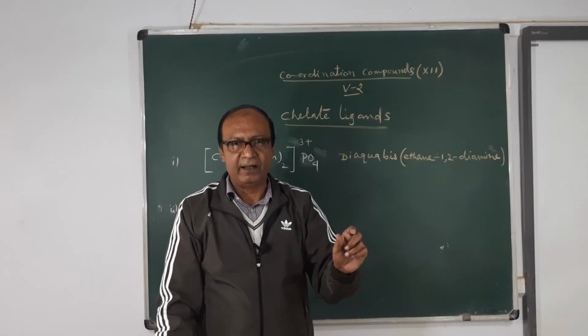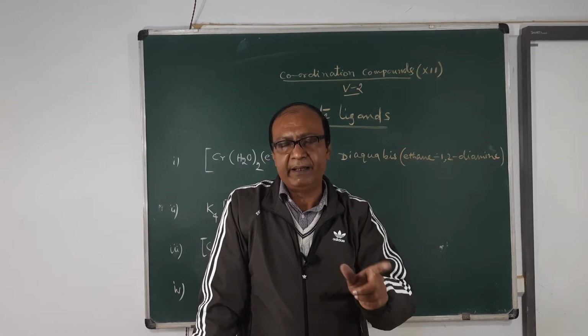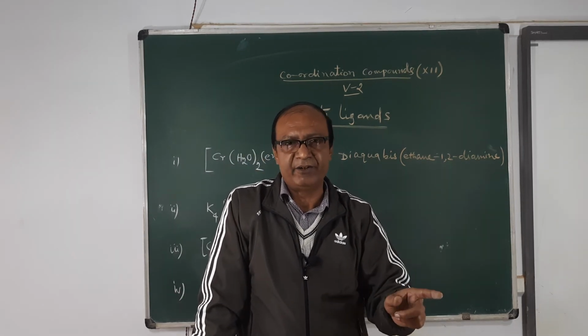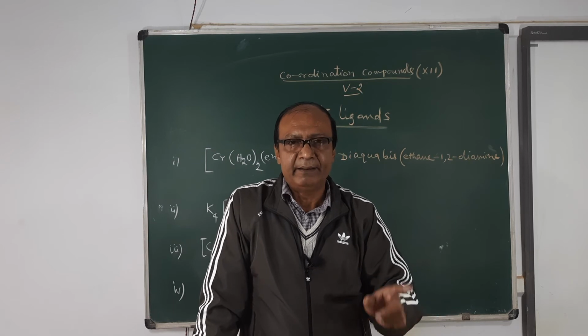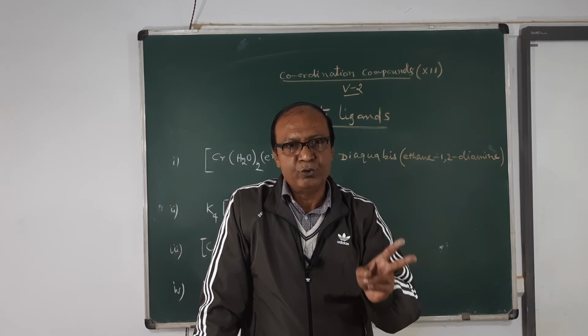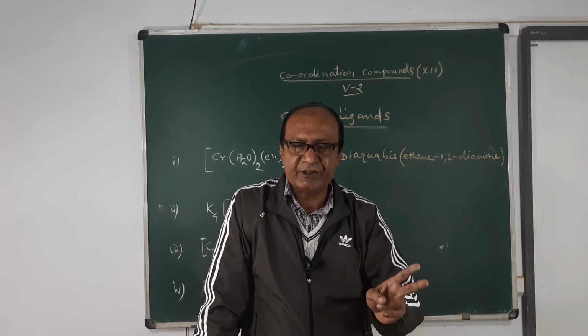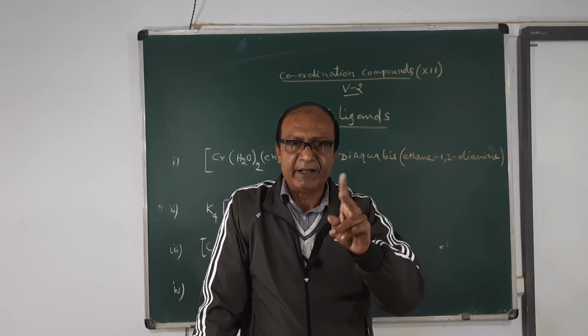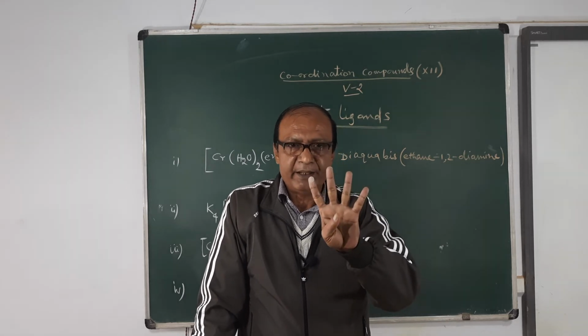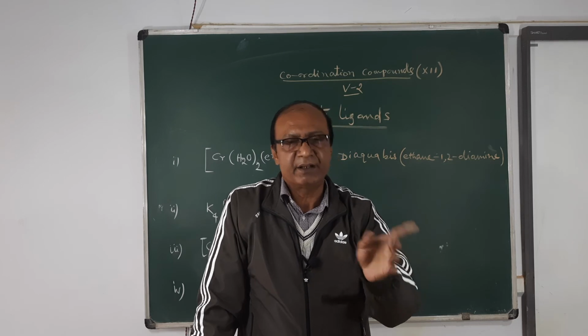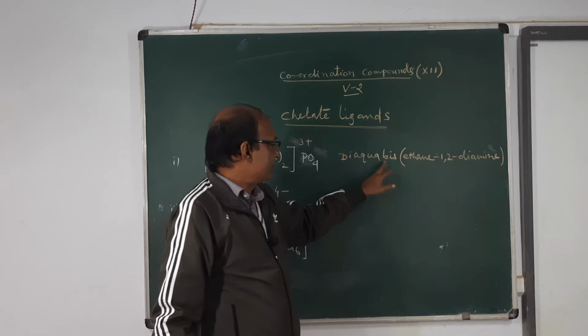If any ligand already has di or tri in its own name, then to write two times of it, you have to write bis; three times, tris; four times, tetrakis, like this. You cannot use di again.